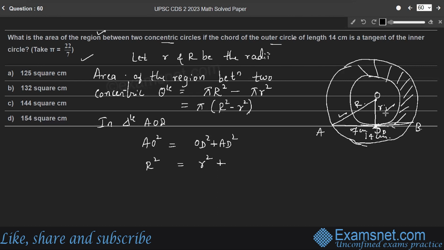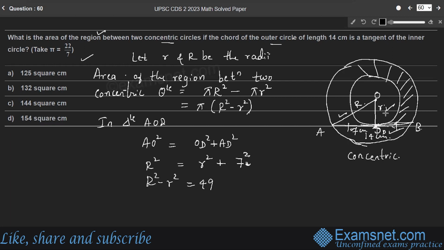So D divides the chord into two equal parts because these two circles are concentric. In this case, the tangent to the inner circle divides the chord into two equal parts. Therefore, AD is 7 centimeter, so it becomes square of 7. Therefore, R square minus small r square is 49.